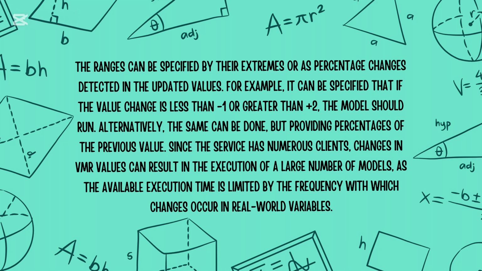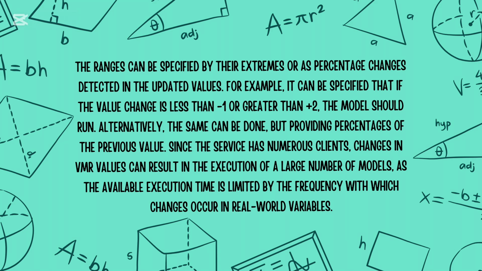The range can be specified by its endpoints or as a percentage change detected in the obtained values. For example, it can be specified that the model runs if the changed value is less than 1 or greater than 2. The same can be done by providing a percentage and the previous value.